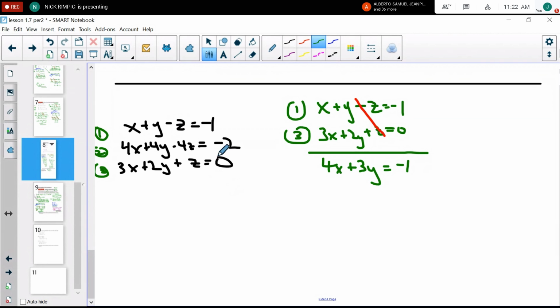You could do 1 and 2 or 2 and 3. It doesn't really matter. Either way will work. You're going to have to do work to solve it anyway, so there's no way to avoid multiplication.